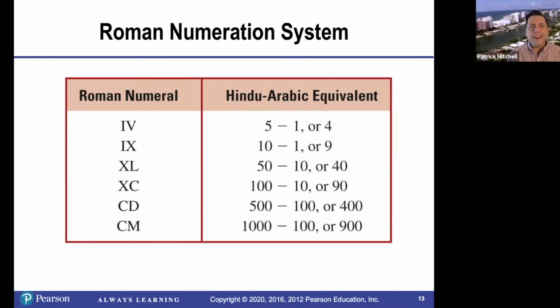Now, what you might not know is that you're not allowed to do this with just whatever numbers you want. For example, you would not write the number 49 as IL.